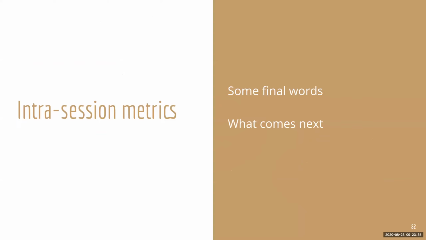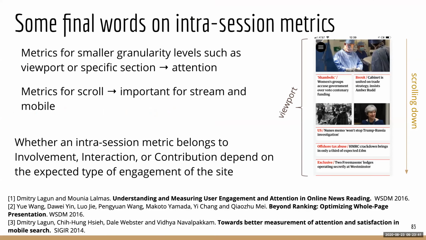So some final words, and then I want to go into the intersession. Metrics for smaller granularity levels, such as viewport or specific sections, I didn't really discuss. We may try to optimize a part of the page or the whole page, so it's important to be aware of this. And the other thing is scrolling. A lot of our applications now are scrolling, especially in the context of mobile.